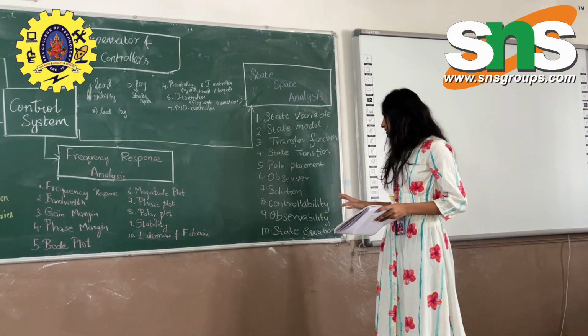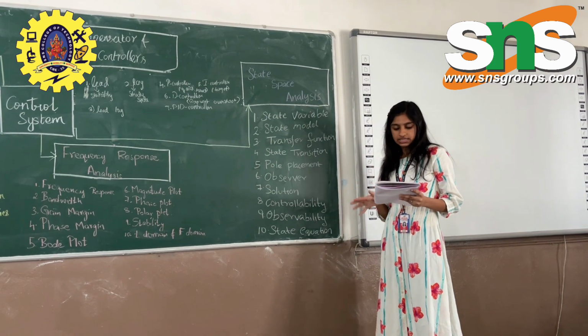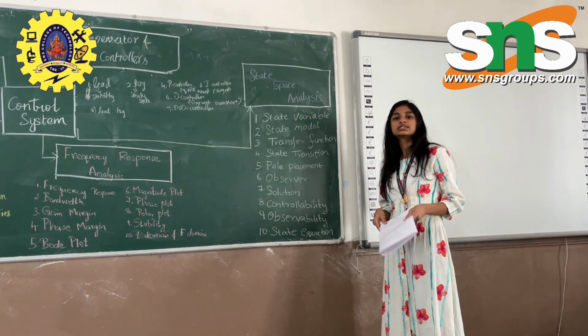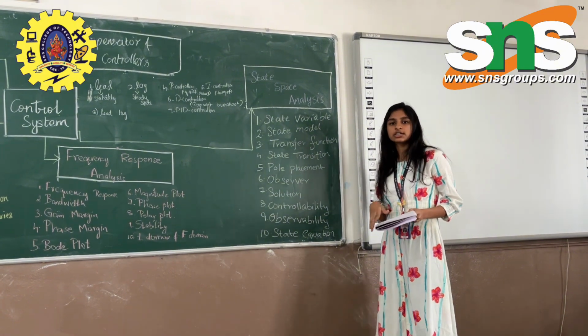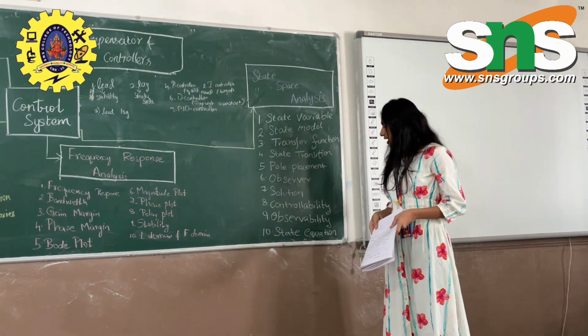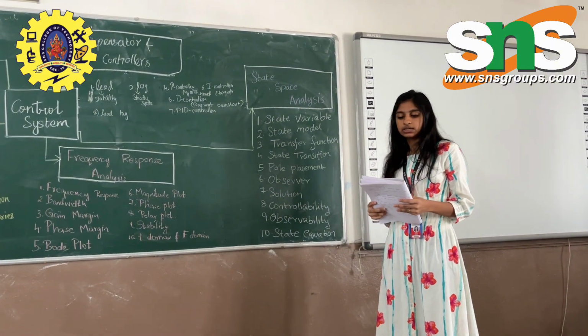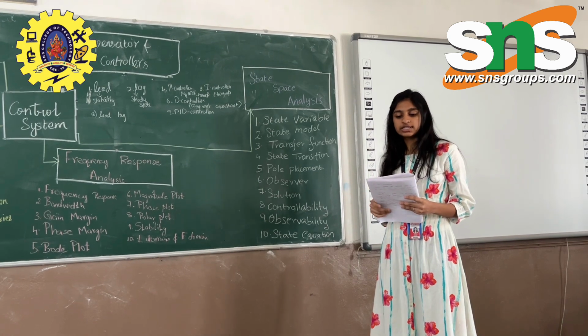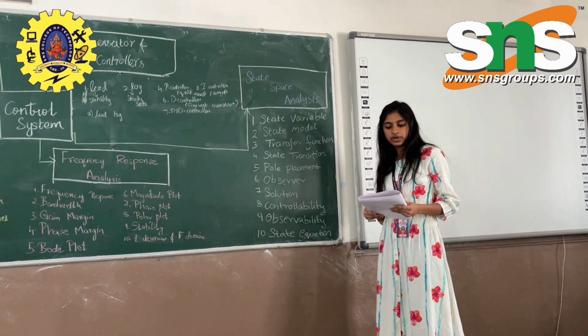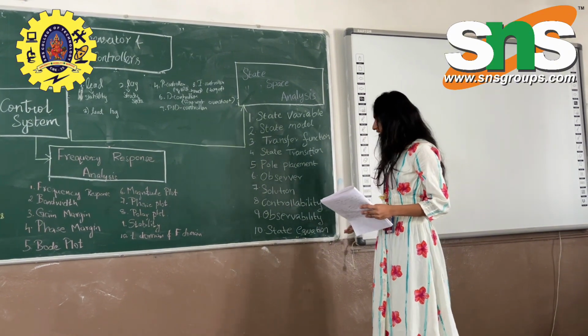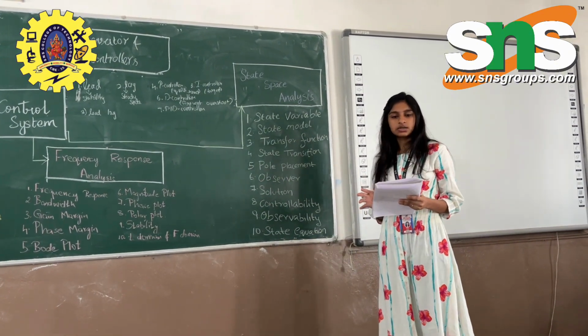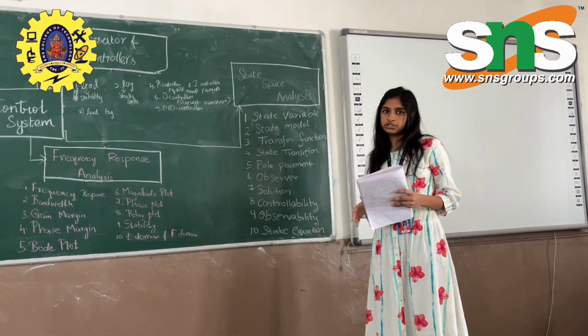Controllability means a system is controllable if it can move from one initial state to any other final state. Observability means the initial state can be determined from output measurement over a finite time interval. Last is the state equation, which represents a system using a set of first order differential equations.